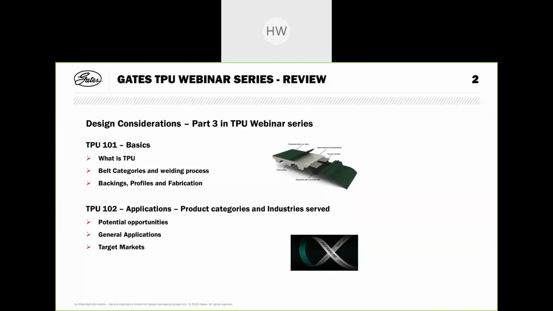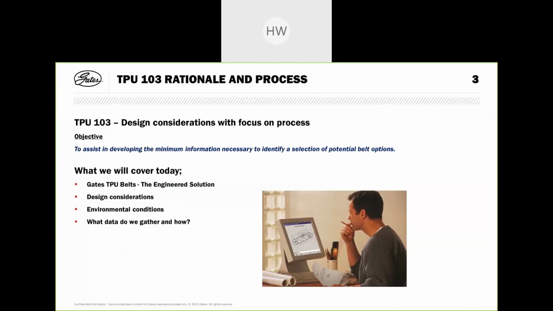The TPU 102 was about applications and target market segments, potential opportunities, and general applications. And today we see the TPU 103, which is going more into the technical details, technical considerations, and some engineering information, environmental conditions, and what data do we need to collect to suggest the right belt for the application.